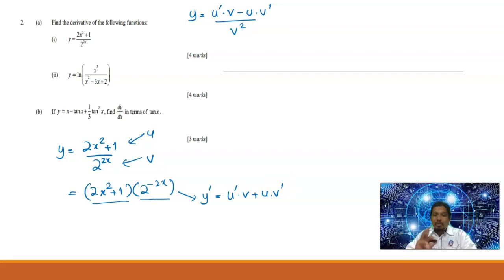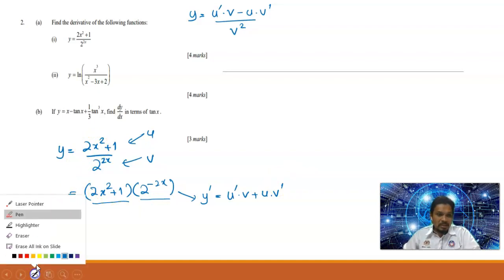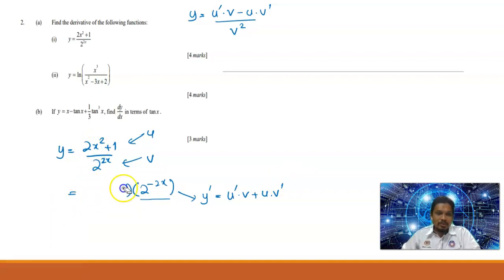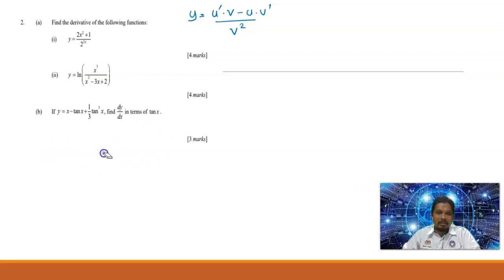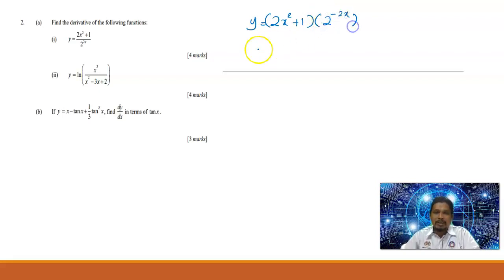So there are two different methods or approaches that we can use here. I can choose any of these two as a solution for this question. Let's say I use the right side here: y equal to 2x squared plus 1 multiplied with 2 to the power of negative 2x.